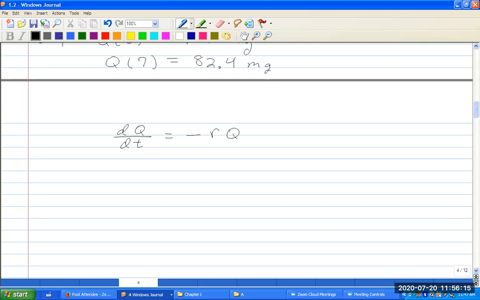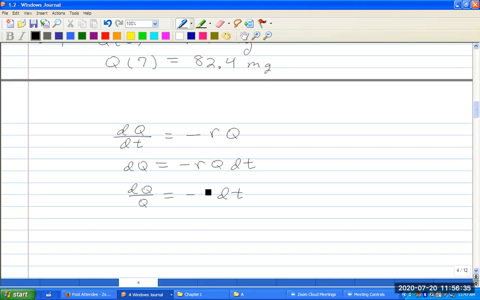So I have the following differential form: dq equals minus rq dt. Let me divide both sides of my equation by q. So dq over q equals minus r dt.